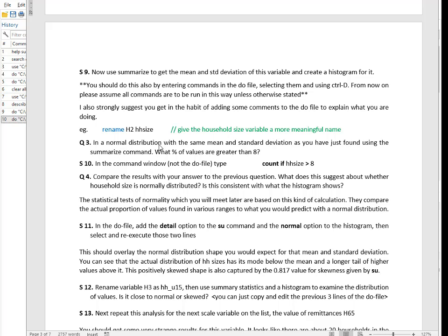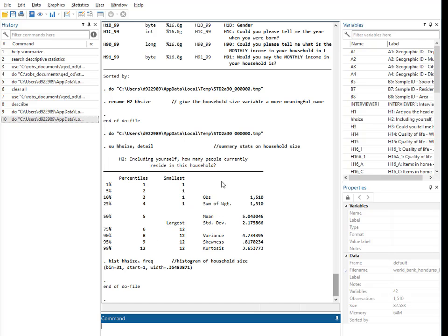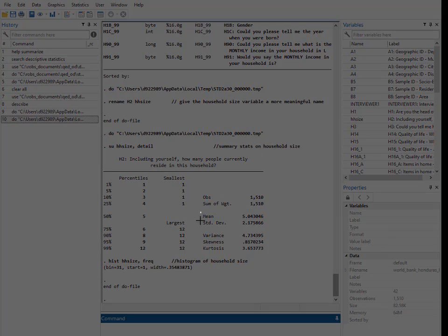On a question here about a normal distribution with a mean and standard deviation that we've just found, what percentage of values are greater than 8? So let's grab the mean and standard deviation from here. So that's these figures.